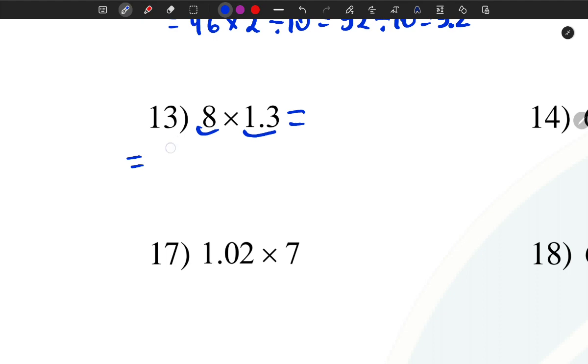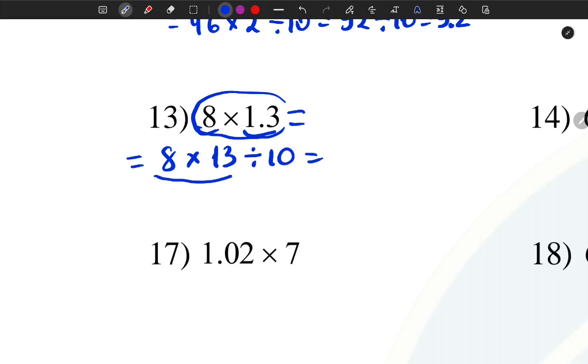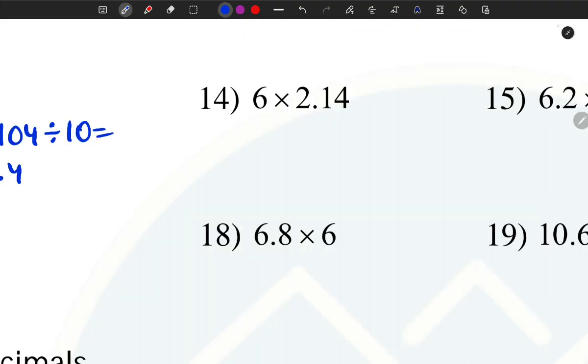First we need to multiply 8 by 13, then divide by 10. Why? Because totally we have one decimal number, that's why we divide this multiplication by 10. And when we multiply 8 and 13, we get 104. Then when we divide this number by 10, we get 10.4.